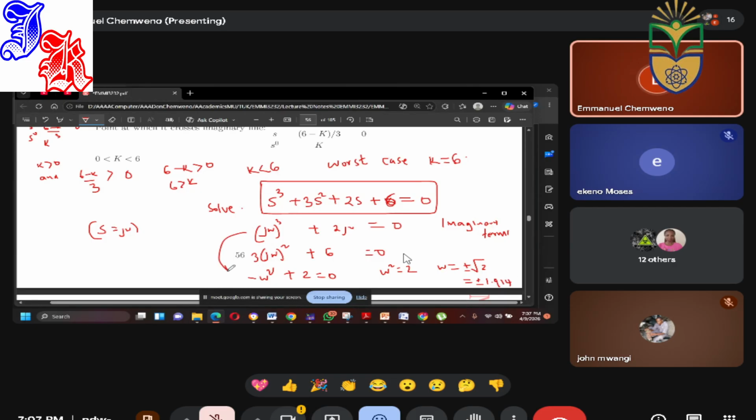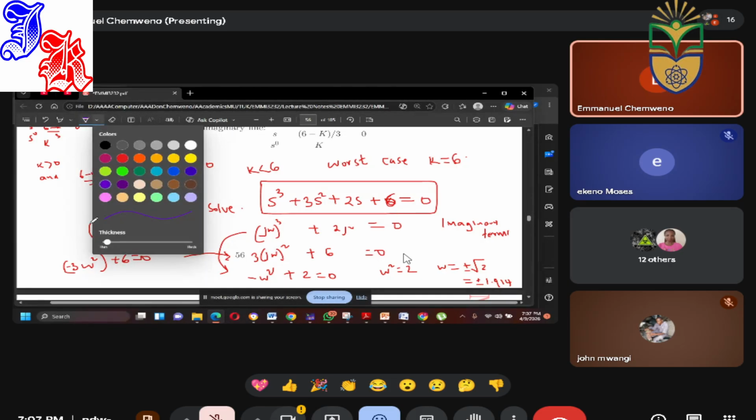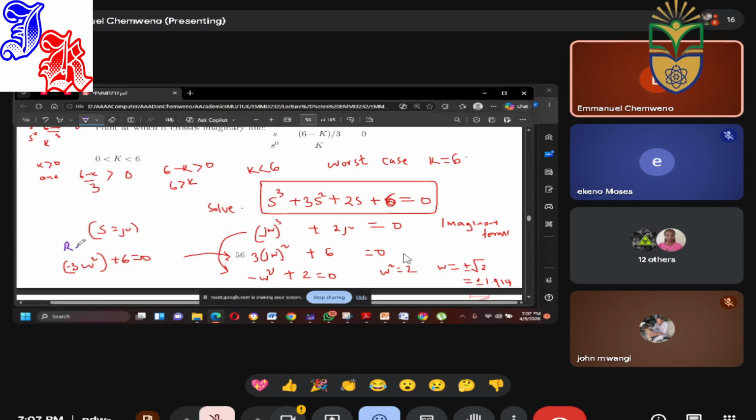This is imaginary. I have also solved the real part. 3 omega squared with a negative, because of the j squared, plus 6 is equal to 0. Or simply minus omega squared is equal to 2, yielding the same.